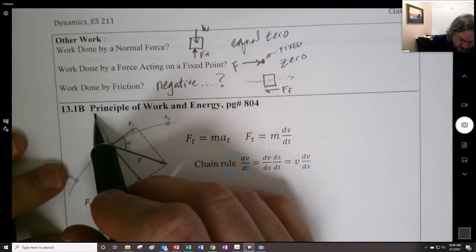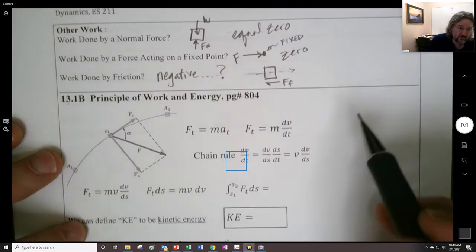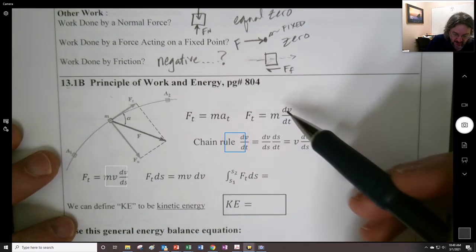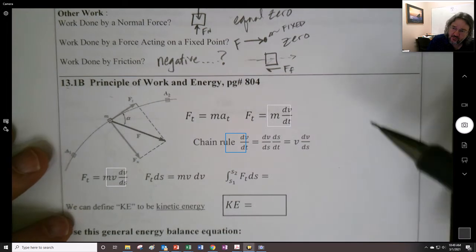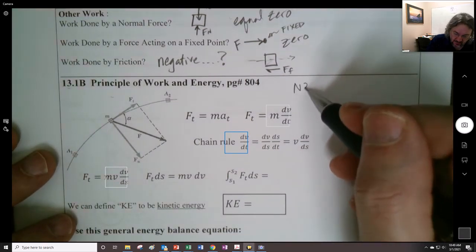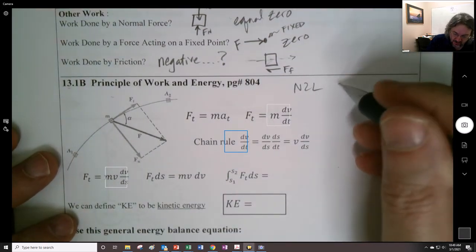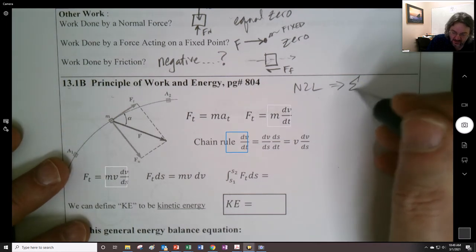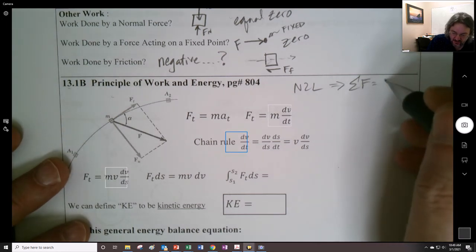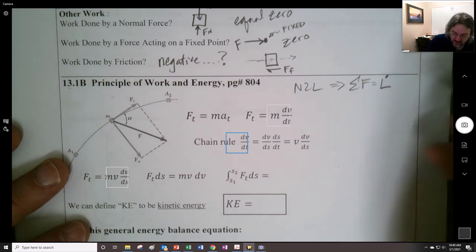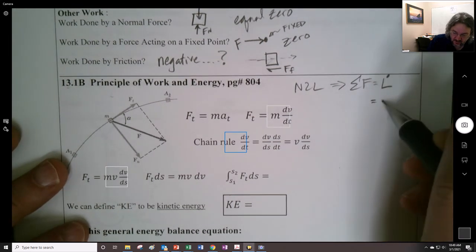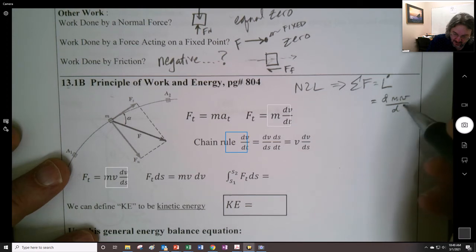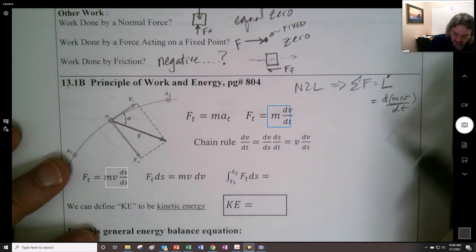Okay, so now we're continuing on with section 13.1b here. So we come back and we look at the principle of work and energy, and we're going to go all the way back to Newton's second law. Remember that Newton's second law did not say F equals ma. It said the sum of the forces is equal to the time rate change of momentum, which was going to be d(mv)/dt, right?